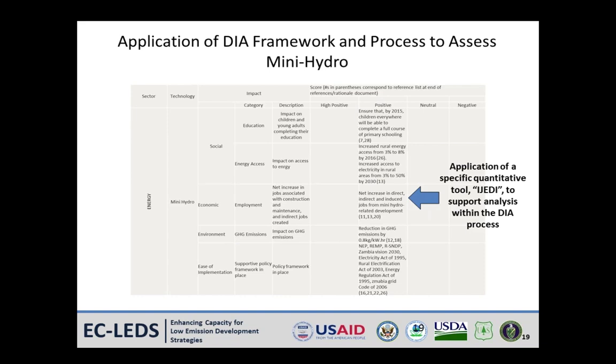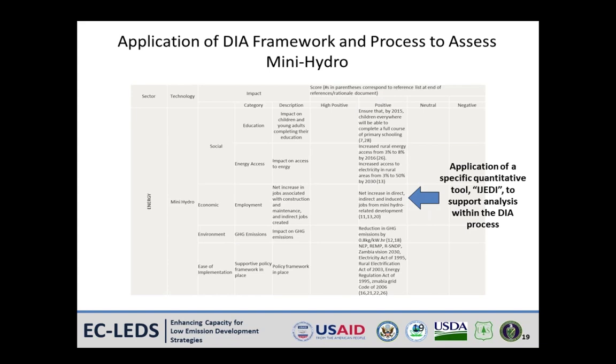And in this slide, you can see that for employment under economic, there is a specific application for quantitative information which can be filled and has been scored under positive for employment creation.